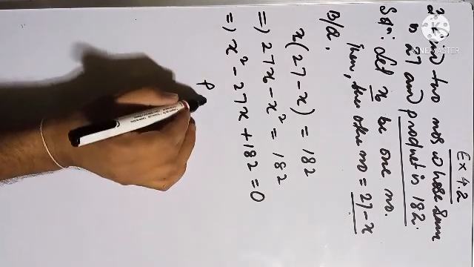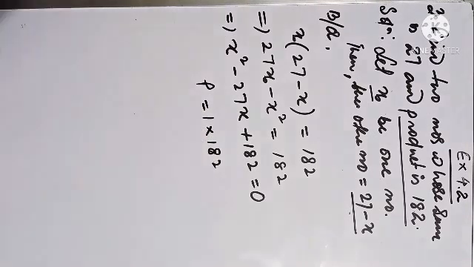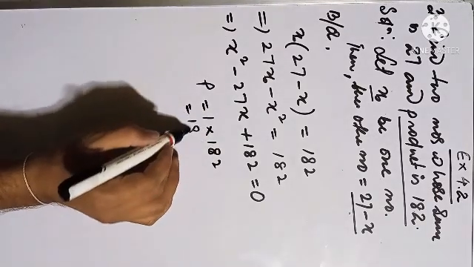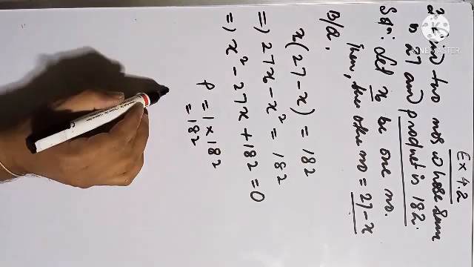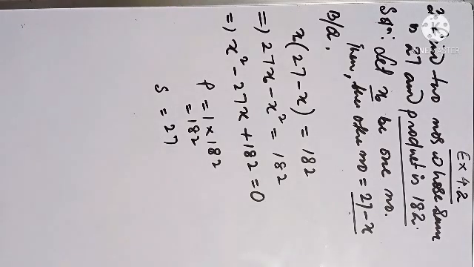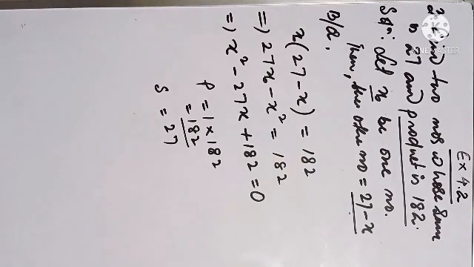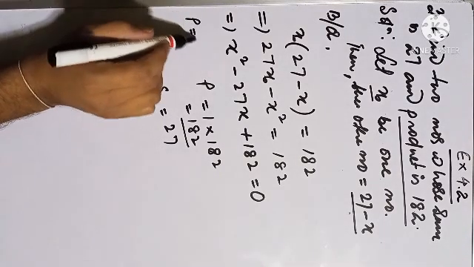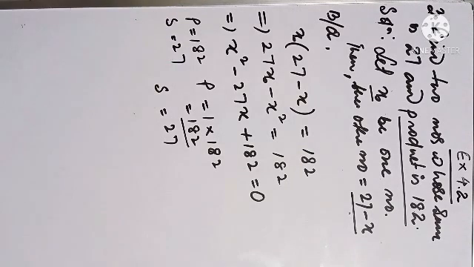The product should be, this is 1 and this is 182, so the product should be 182. What is the sign of the constant term? This is plus, so the sum should be 27. We are going to look for the two numbers whose product is 182 and the sum is 27.